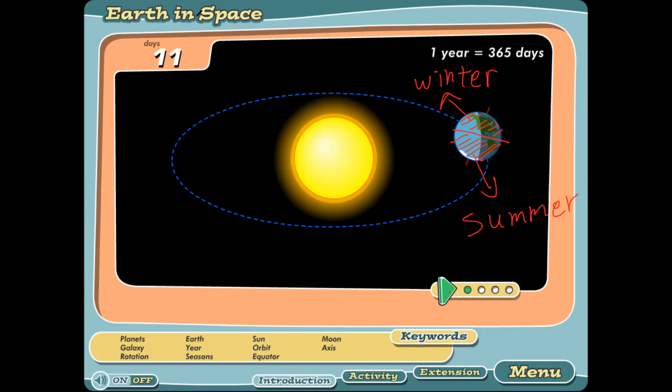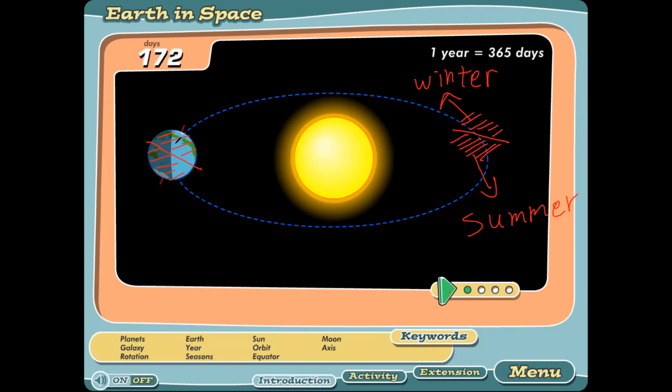Let's move. When the Earth moves from this point to this point, in this position the northern hemisphere is inclined toward the sun, so the sun rays fall perpendicular, and the southern hemisphere is inclined away from the sun.